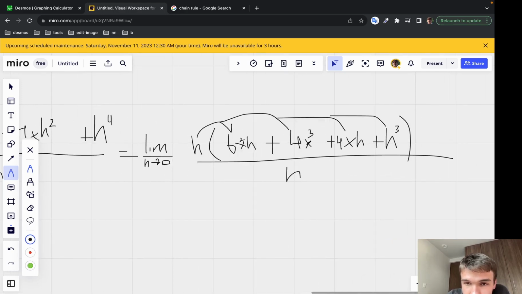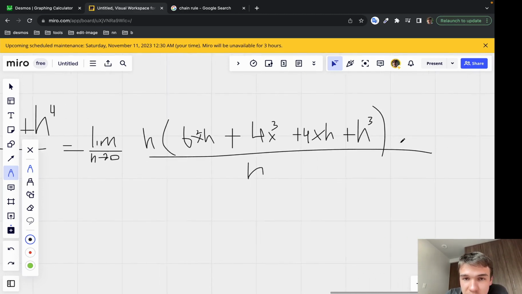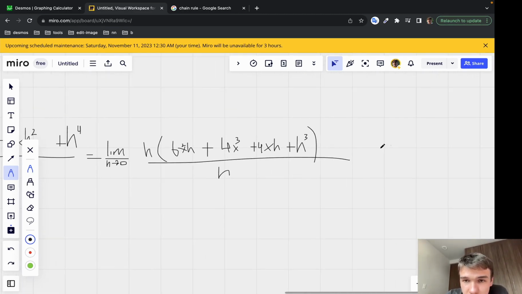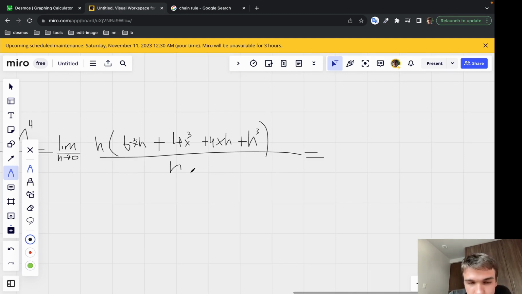So h multiplied by 4x cubed is going to result in 4x cubed multiplied by h, what was here. So this is basically the basic calculus. I just explained it for probably newbies, but anyways, I think most of you are familiar with this.